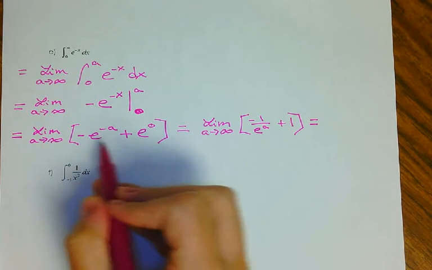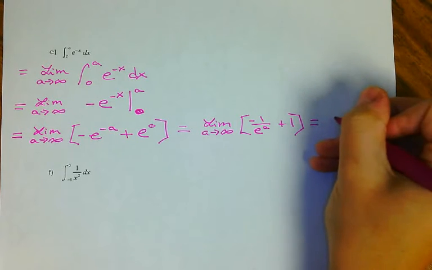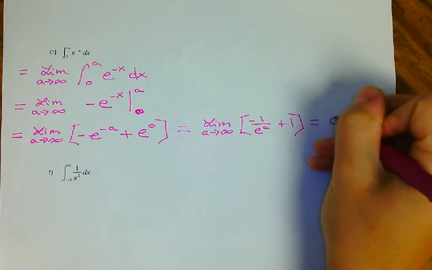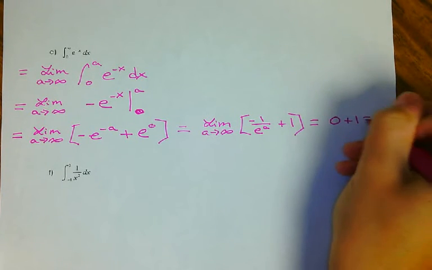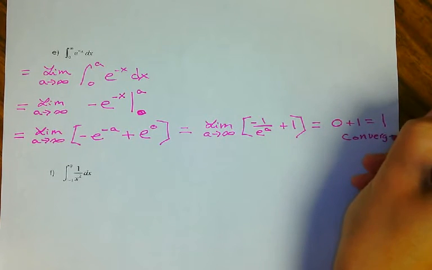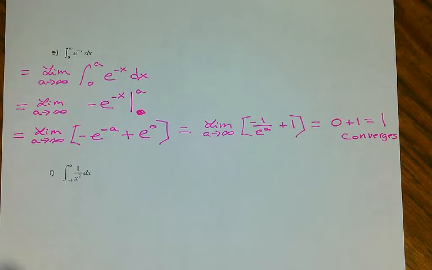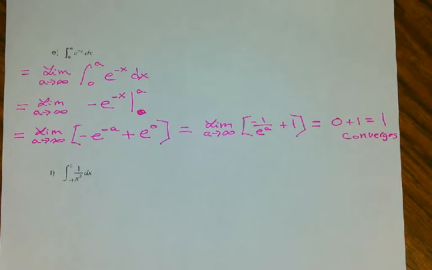So if you can see that way back in that step, that's fine, but I just chose to do it here. So this is going to be 0 plus 1, which is 1, so we say that this converges to 1. And again, that converges business is going to play a part next unit, or 2 units from now, okay?